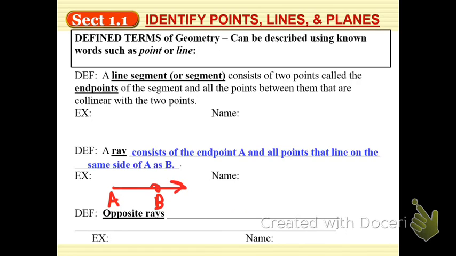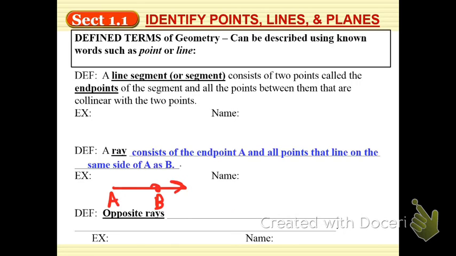The order of the letters, make a little note, okay, and say order of the letters matters when you name it. Which point do you think comes first when I name a ray? Anybody? What point do you think I have to give first?